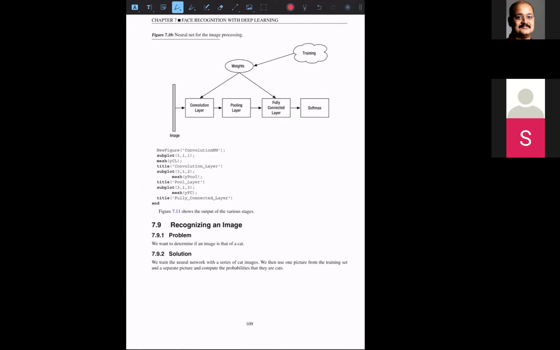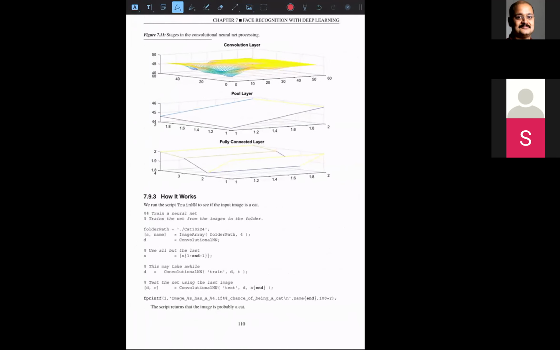Convolution neural network, convolution layer, pool layer, and fully connected layer, all these. Are you able to see this image? Okay, in the next part, and this is going to take a long time, I just want you to run the code. I'll tell you what is happening.